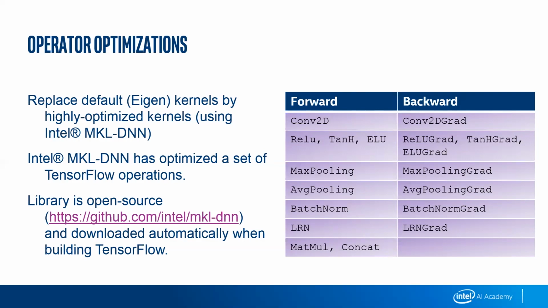So this is one aspect that we did. We replaced all the Eigen calls that were being made, for example for convolution 2D, max pooling, ReLUs, and batch normalization, with alternatives that are more efficiently tuned to take advantage of the underlying CPU architectures.